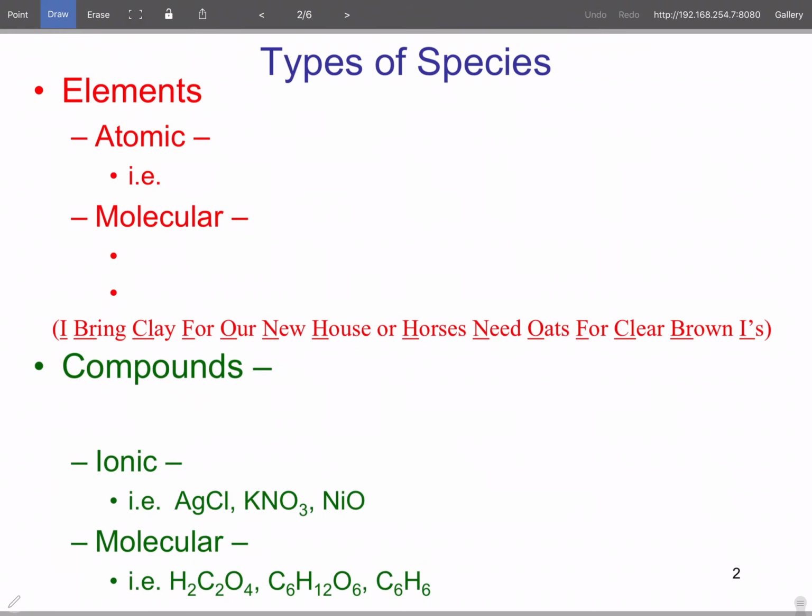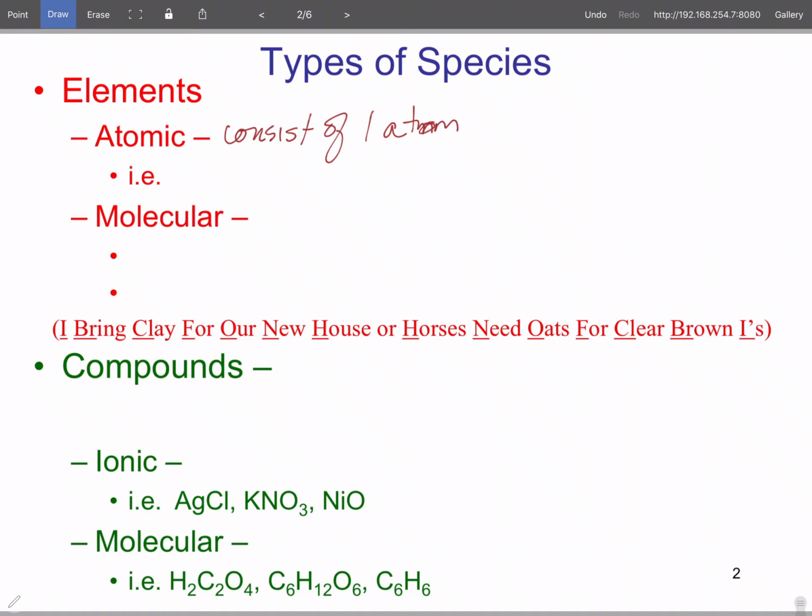When we talk about types of species, you look at the periodic table and you say, oh, it's just an element. Yes and no. Some elements are atomic. That means they consist of one atom. Okay, one single atom.